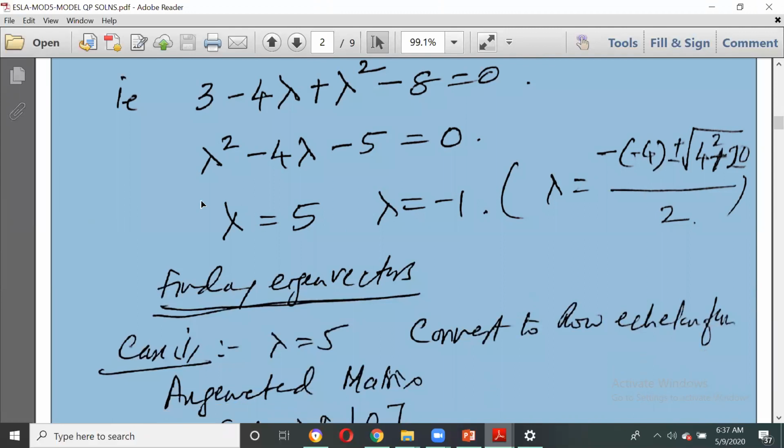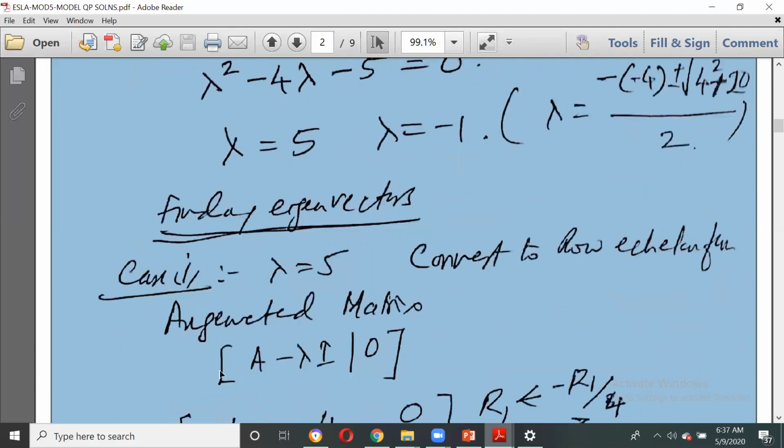Having found the eigenvalues, lambda 1 and lambda 2, we need to find the eigenvectors. So case 1 is, first for the eigenvalue lambda equal to 5, we need to convert this to the row echelon form.